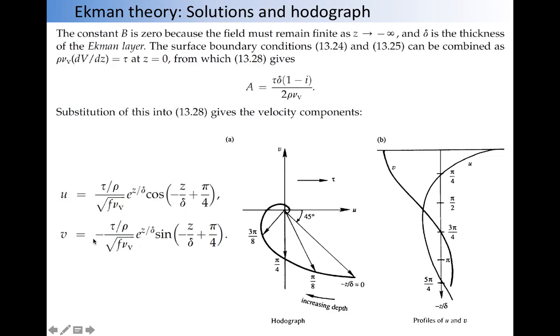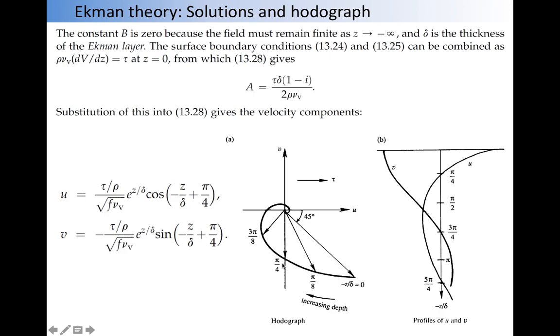They have the same value but it's negative, so it's going to the 4th quadrant, right? Wind stress applied to this direction, and the angle is 45 degrees because you see pi over 4, heading that direction.